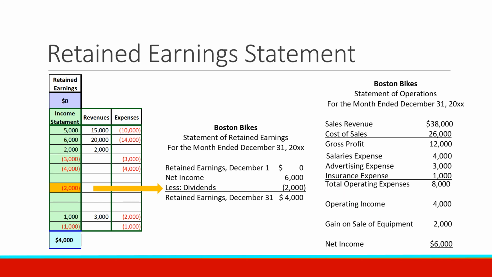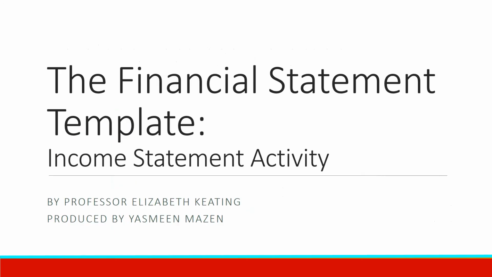And now we'll take the $2,000 dividend distribution and deduct it from retained earnings. And now we've completed our calculation of retained earnings. So retained earnings at the end of December is $4,000, which is composed of the $6,000 in net income less the $2,000 in dividends. And we'll use that to update the retained earnings at the bottom of the financial statement template.